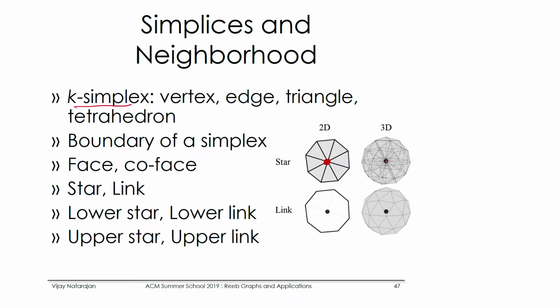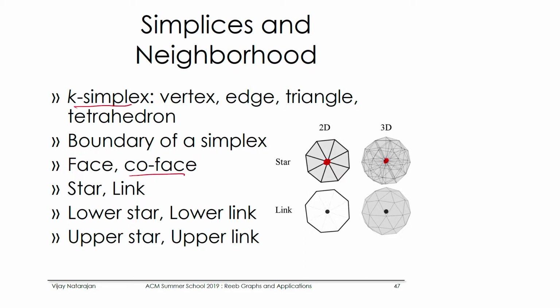The same holds in 3D: all vertices, edges, triangles and tetrahedra that contain the vertex. These are called cofaces if you want to look at the definition. This is the star neighborhood of a vertex. The link neighborhood of a vertex is defined as the boundary of that star.